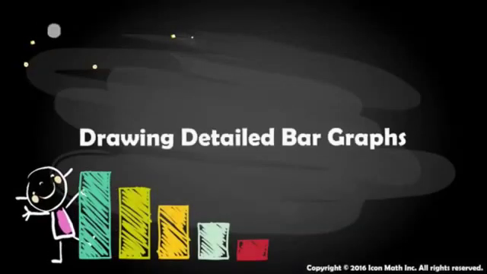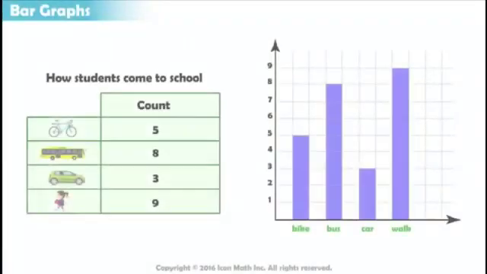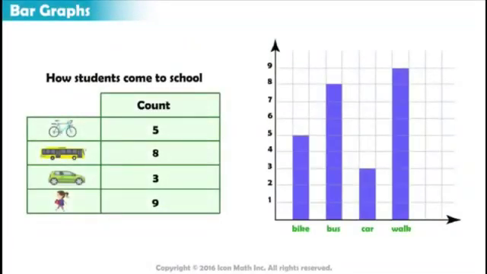Drawing detailed bar graphs. In a bar graph, we have a list of categories as the measurement scale, and we have a count of how many things are in each category. This graph shows how students go to school. Every square represents a count of 1.